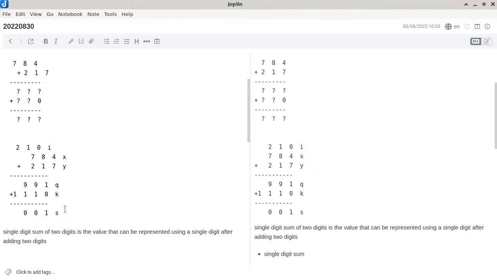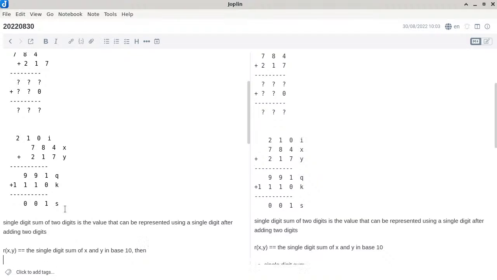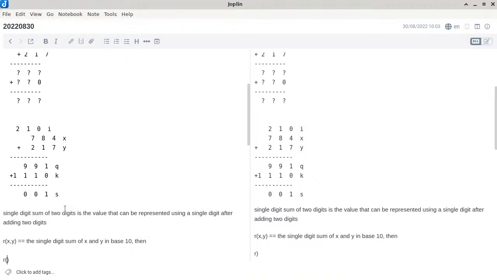Okay, so let me give you some examples. If R of xy is the single digit sum of x and y in base 10 right now, then what is R of 4, 7?